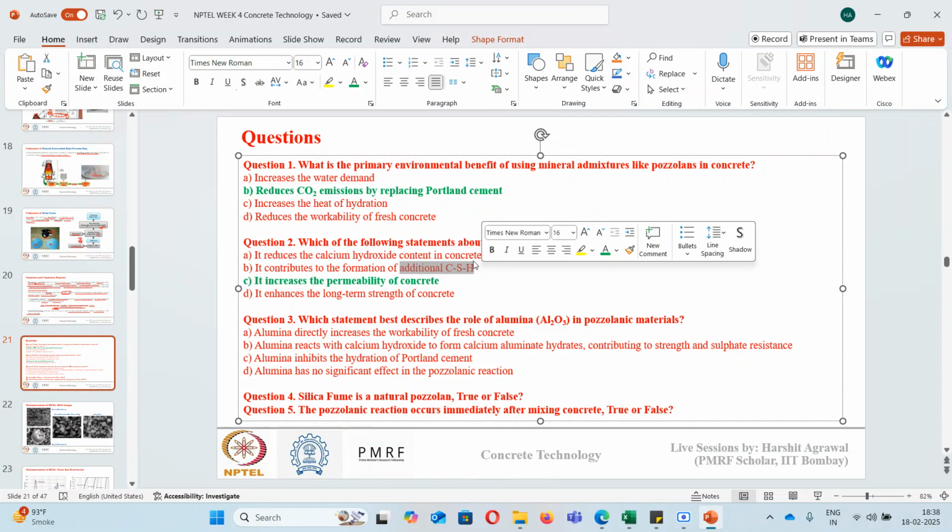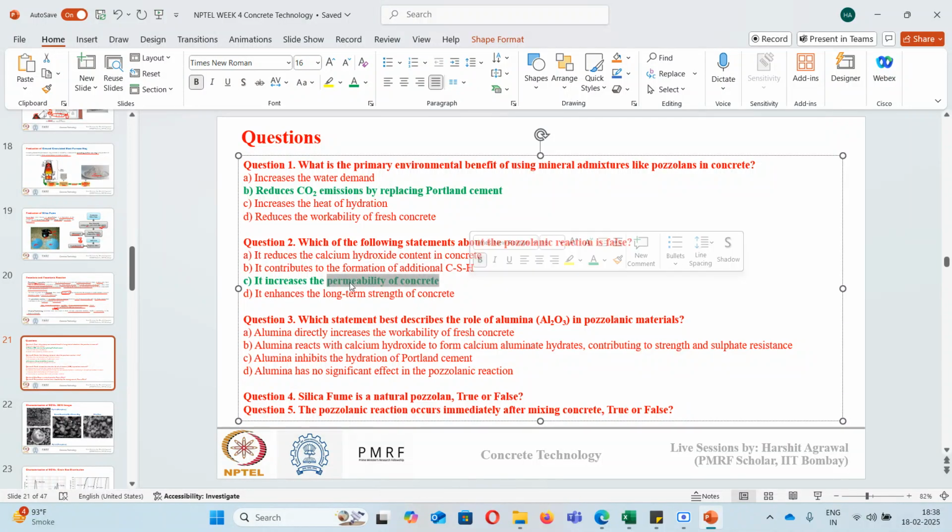There will be fewer pore spaces available, and since this densification is happening, the permeability of concrete will reduce rather than increase. During initial stages it can increase, but if we talk about the long-term effect of SCM, it will surely decrease, if the SCMs are added in the correct proportion.